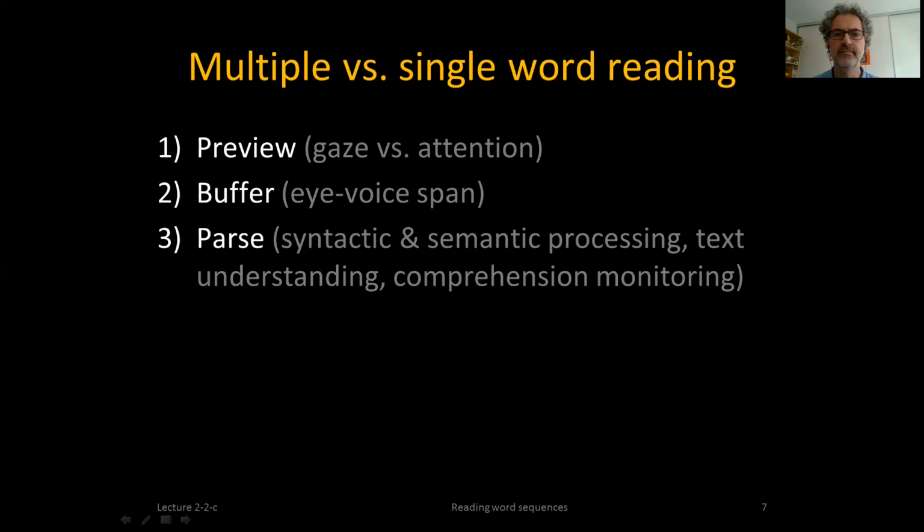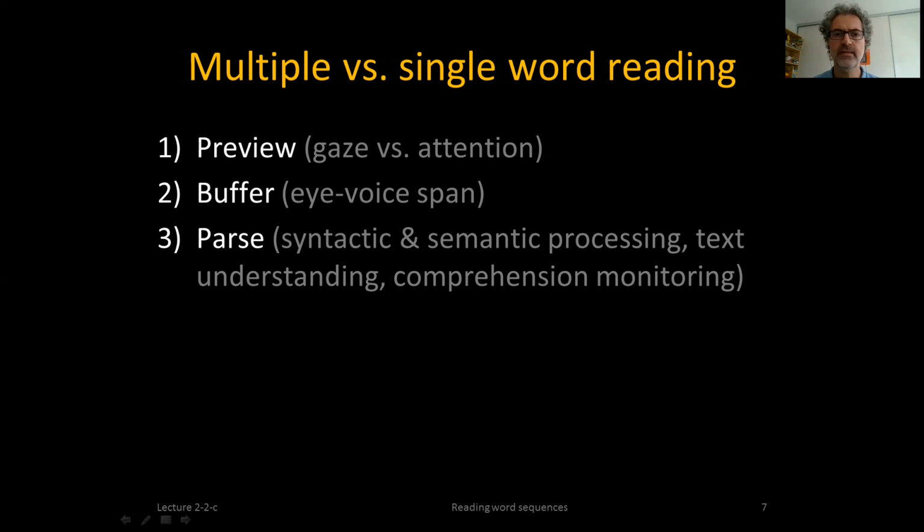And finally, when the word sequences you're reading are actually sentences, you have to do a lot of other things in addition to recognizing the words, and these are things like syntactic and semantic processing, comprehension, and monitoring.